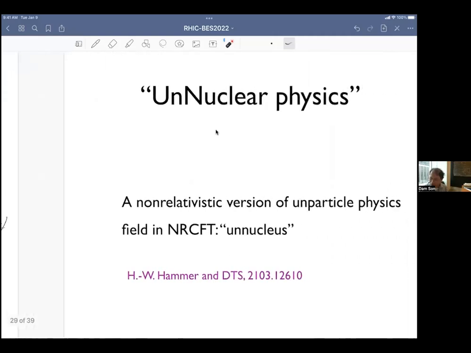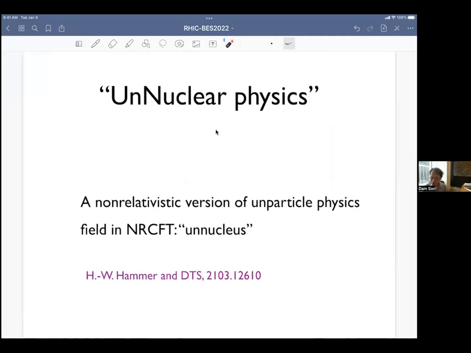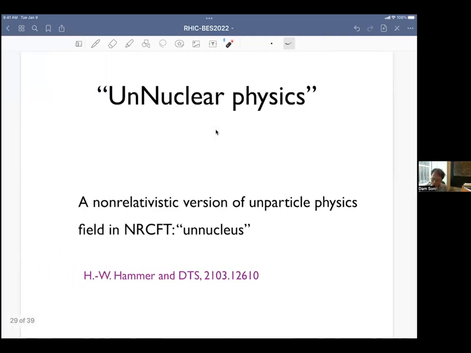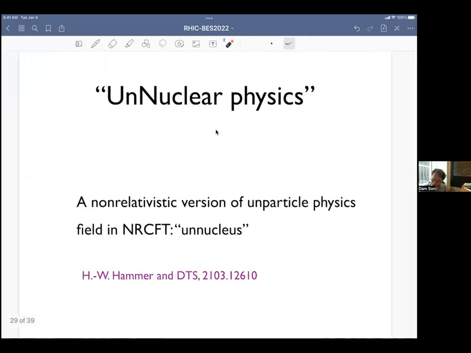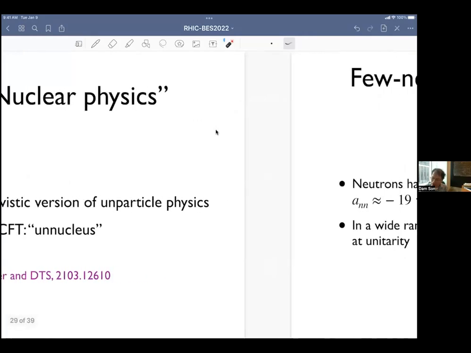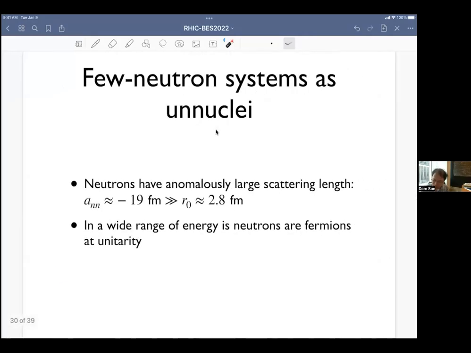One way this knowledge of operator dimensions is useful is in what Hans Hammer and I call unnuclear physics, in analogy with Georgi's notion of unparticle physics. Unnuclear physics is possible in nature due to the fact that neutrons have anomalously large scattering length.